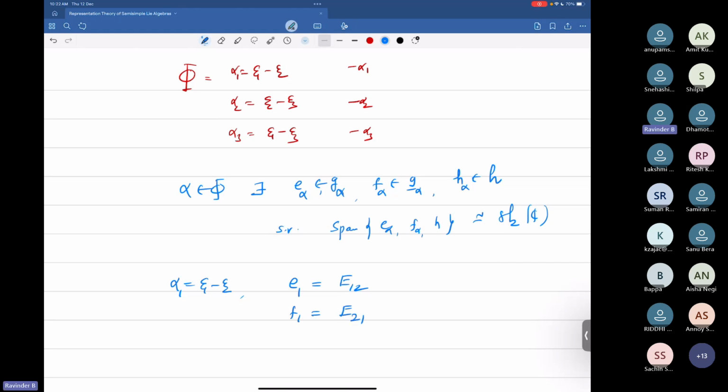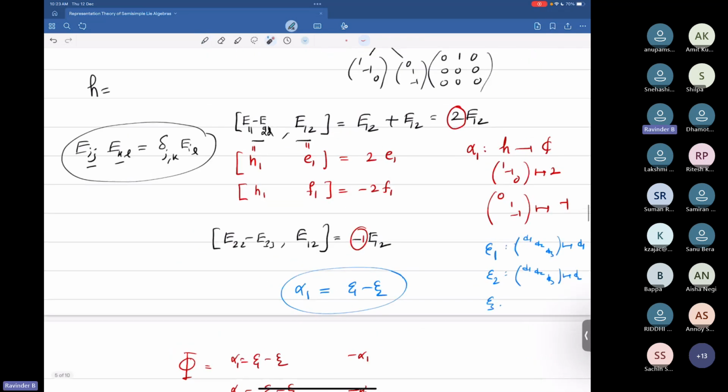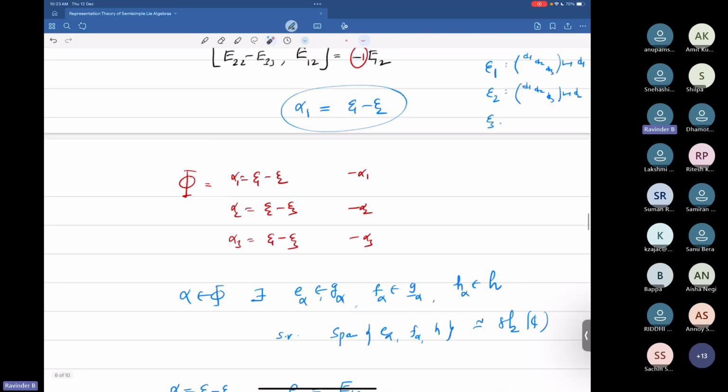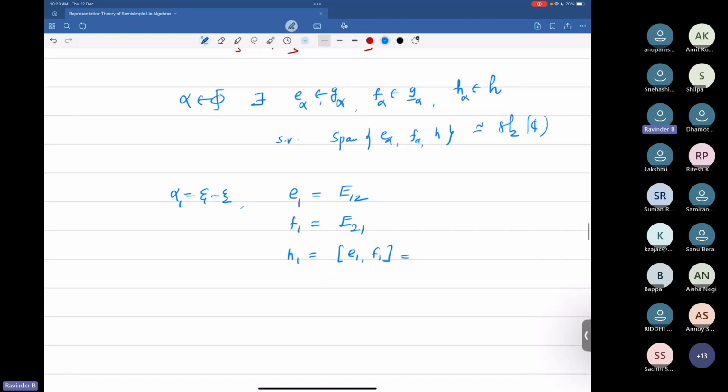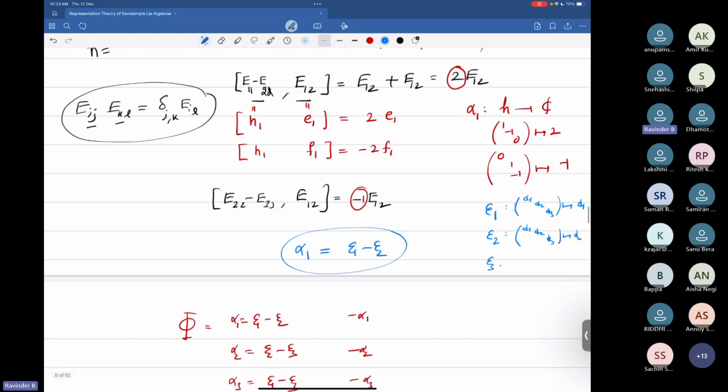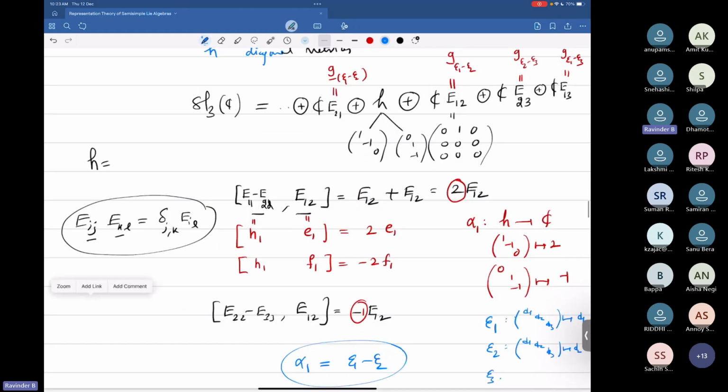And if you do the Lie bracket, H1 should be equal to EF. So the relations, if you remember, there are three relations. One is HE is 2E, HF is minus 2F. Then EF should be equal to H. So once you do EF, it's exactly E11 minus E22, which is H1. H1 is E11 minus E22.